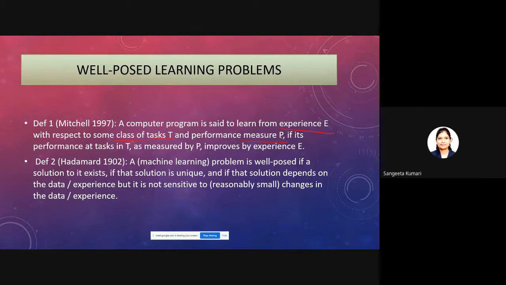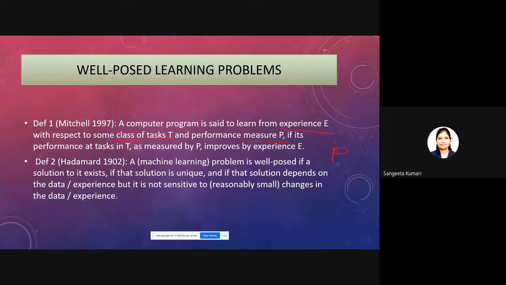The computer program is performing some task or class of tasks. Why only one task? It could be a class of tasks, T, and we are going to measure their performance by P, the performance on the task. This performance should improve over the experience.